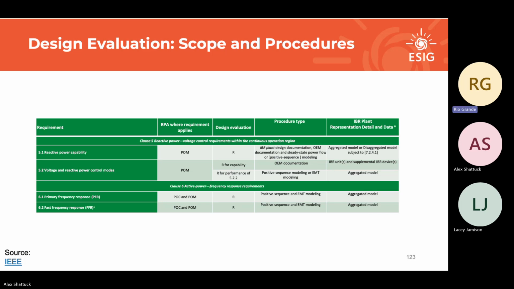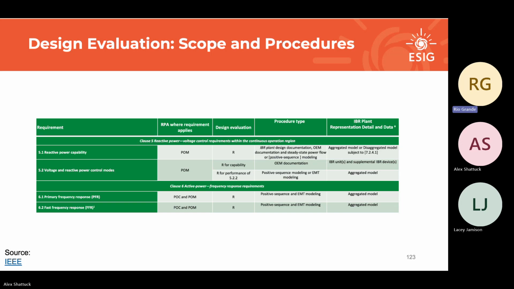They're both related. So there's another small opportunity for me to express my opinion here for reactive power capability and voltage reactive power modes. Reactive power capability is extremely important to test, especially in the full plant model.